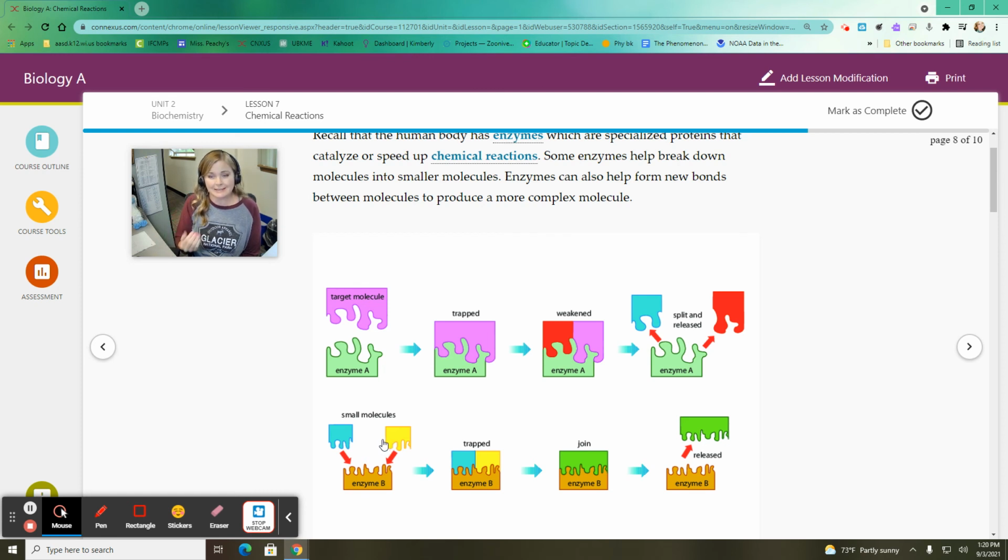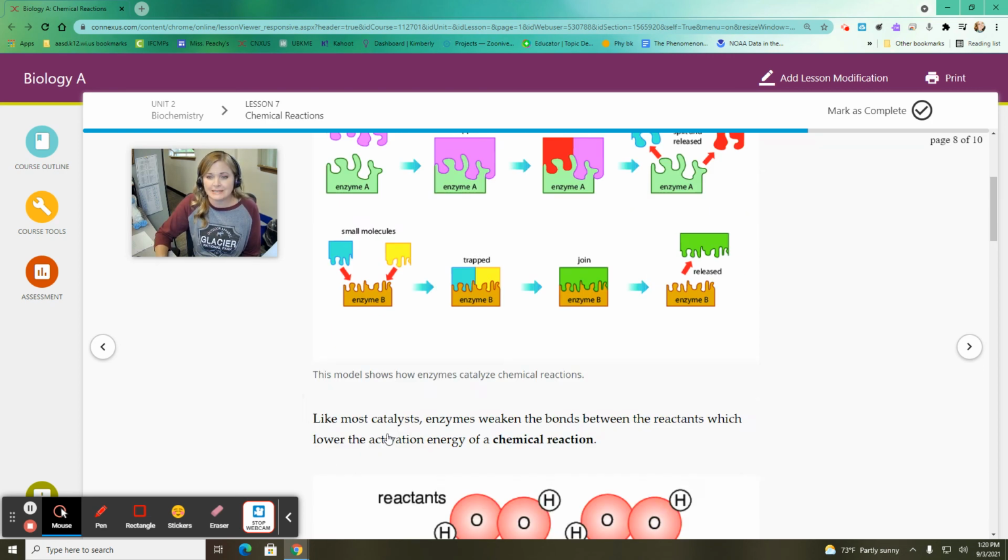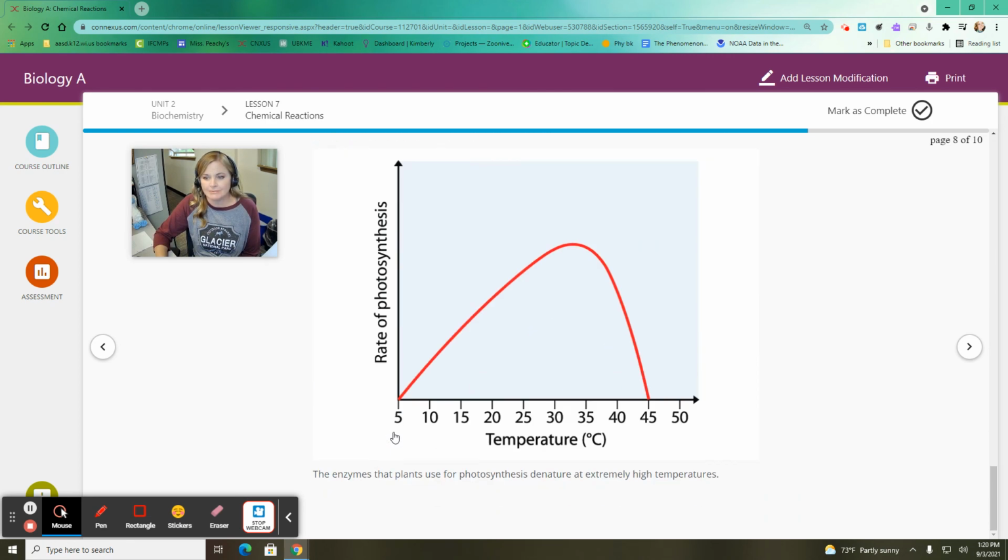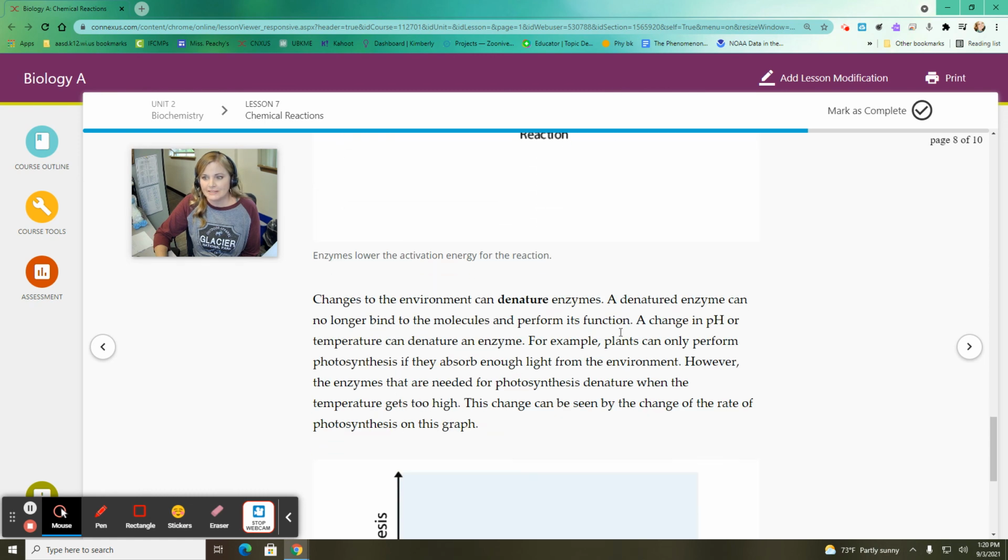If you heat an enzyme up, that can cause it to change its shape and not be able to do its job. We call that denaturing. There are certain things that can denature enzymes, causing them to change shape. For example, changes in temperature and changes in pH can cause an enzyme to change shape.